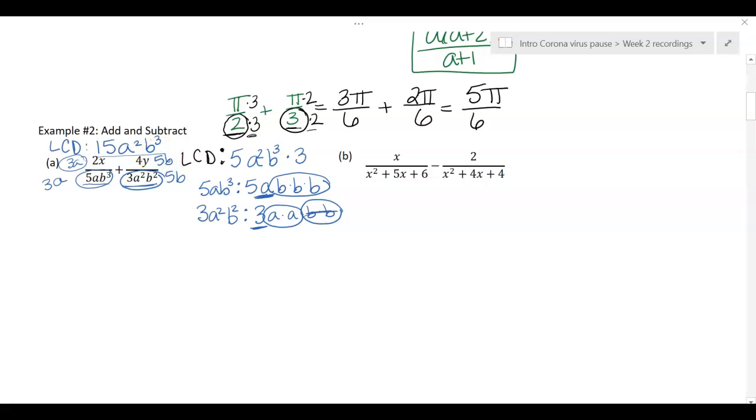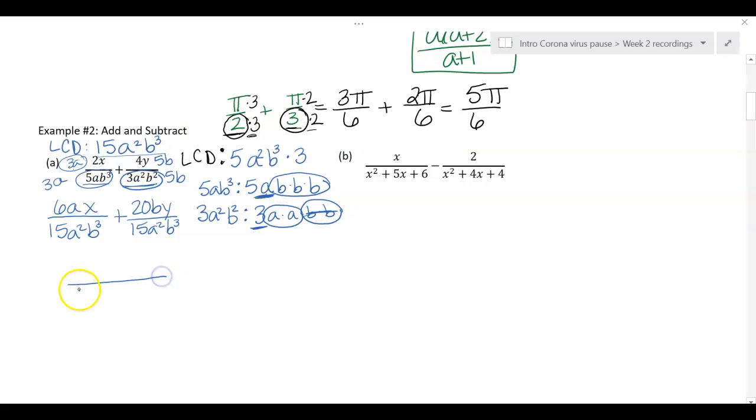I'm going to rewrite what each of these fractions are going to look like. So 3a times 2x is 6 times a times x, and my denominator is 15a squared b cubed. 4y times 5b is 20 times b times y, and a denominator of 15a squared b cubed.